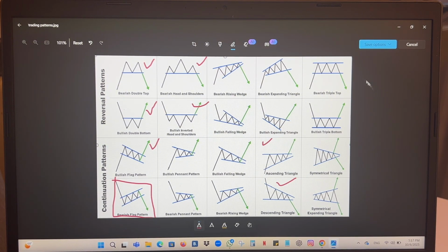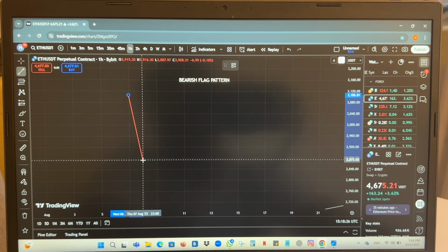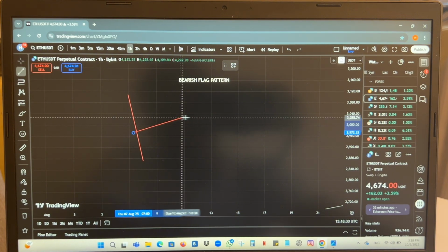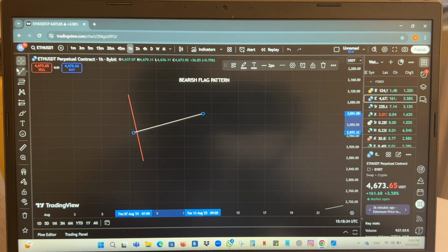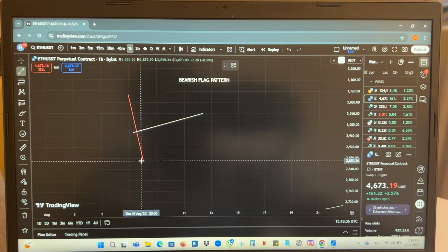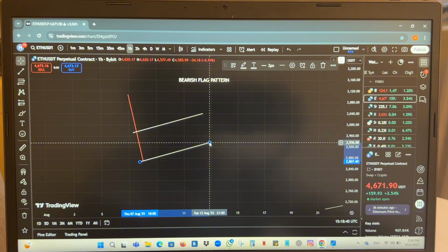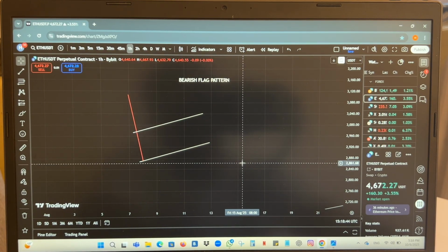So, bearish flag pattern. Initially the market should be in a downtrend, and then there should be two trend lines. Let the market play out. Do not panic and start drawing stuff. Let the market play out so you get a slight idea of what kind of pattern it's going to be.